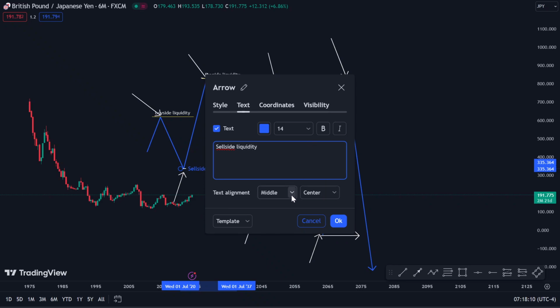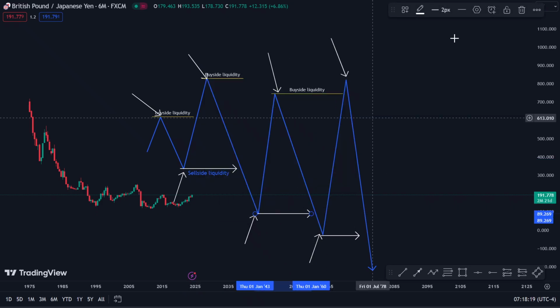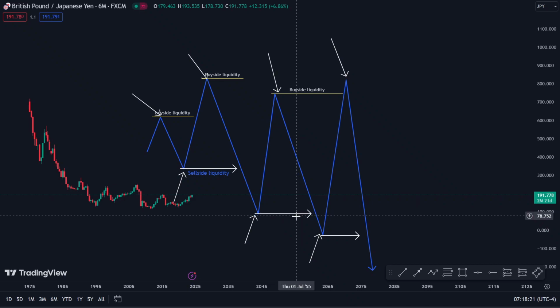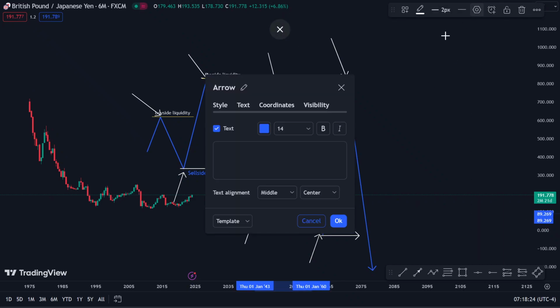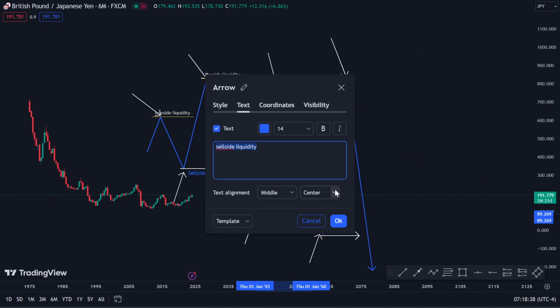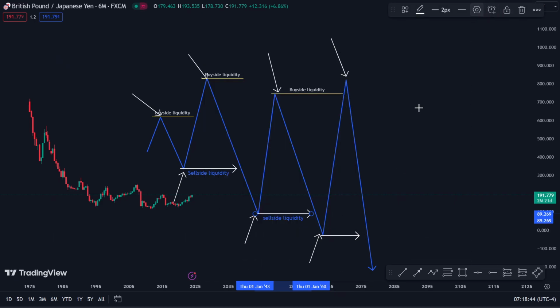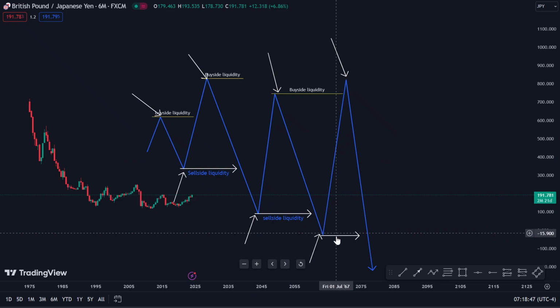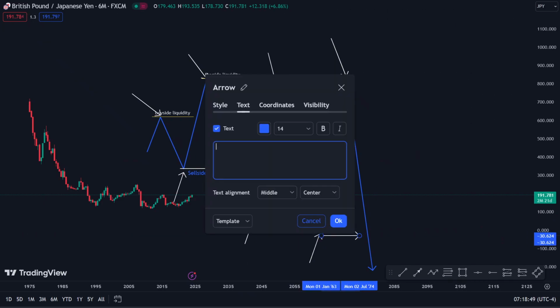That's our sell side liquidity. And finally we have sell side liquidity over there.